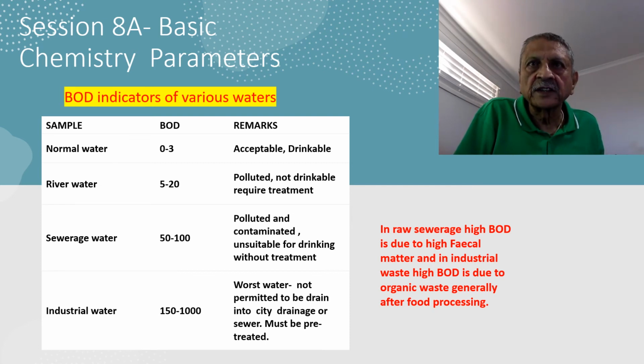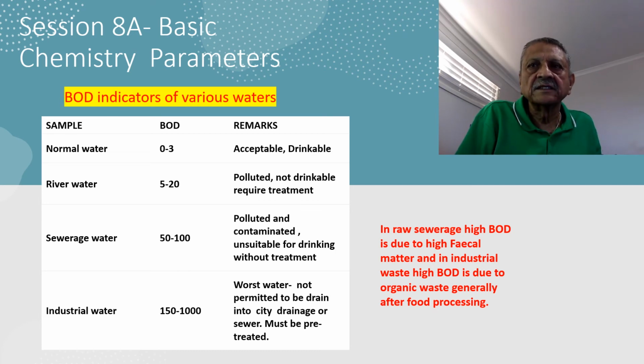This water is polluted, is not drinkable, and requires water treatment. Sewage water has a BOD between 550 and 100 ppm, and this is polluted and contaminated and unsuitable for drinking without proper treatment. In raw sewage, the very high BOD is due to the high fecal matter.